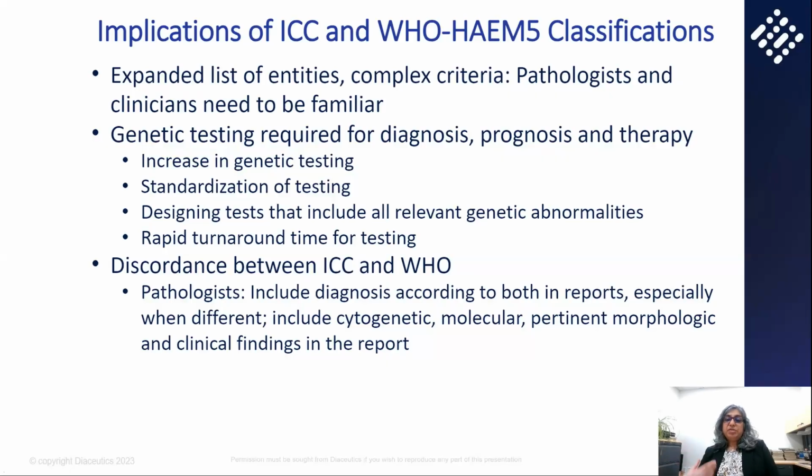We need to include information about cytogenetics, molecular, and pertinent morphologic and clinical findings in the report because sometimes, even if we just put the diagnosis out there, and the clinician follows one particular classification system, it is helpful to know what else is there, what else might be clinically significant. Also, when the diagnoses are discordant, it is helpful to include in the comment why it is this diagnosis by one classification and not the other. So it's definitely a lot more work for the pathologists.